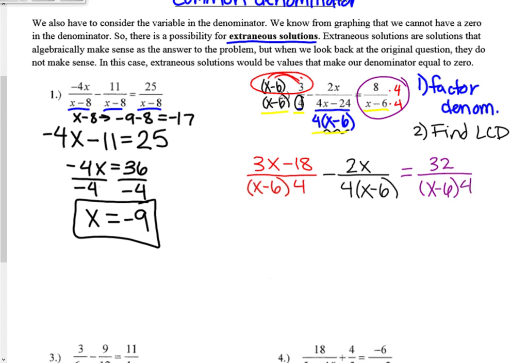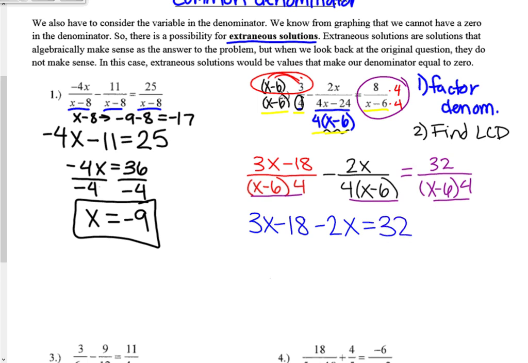I have x minus 6 times 4. So I have a common denominator here because on every denominator I have that factor of x minus 6 and that factor of 4. Now the problem becomes like number 1. I don't need to worry about my denominators anymore, so I'm just going to rewrite it, losing every denominator that I had. So I have 3x minus 18 minus 2x equals 32.